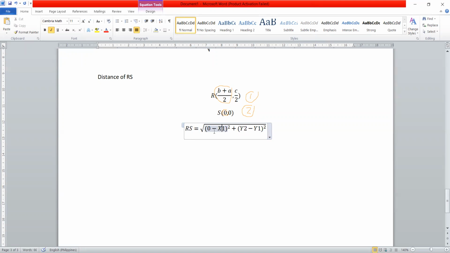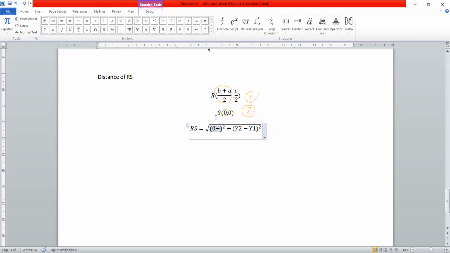So x2, that's 0, and x1 is b plus a over 2. So let's just substitute that. You have there 0, and you have here b plus a over 2 squared plus y2. So your y2 is 0 again, and your y1 is c over 2 squared.